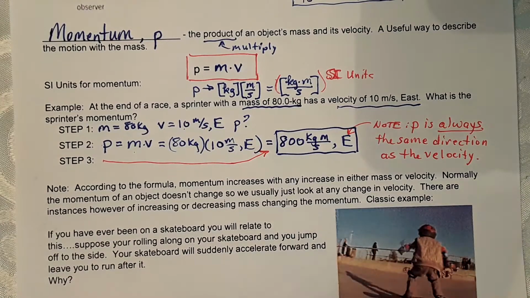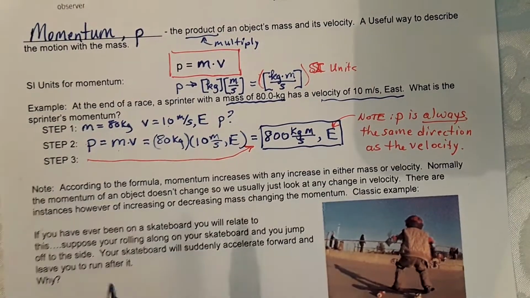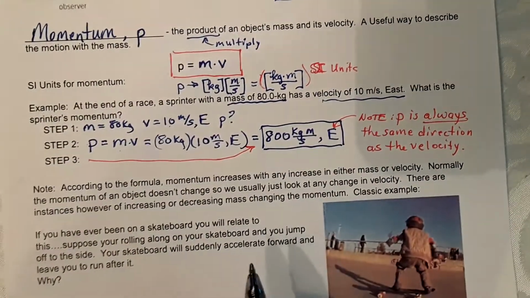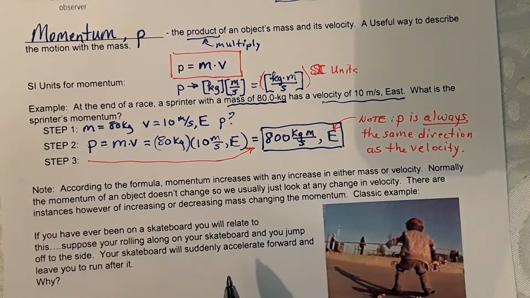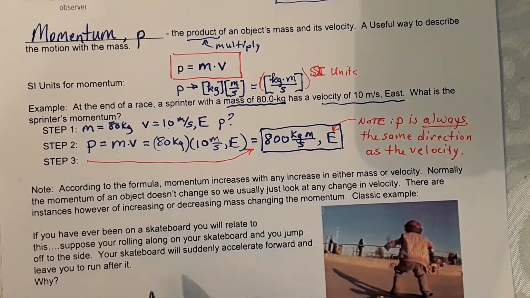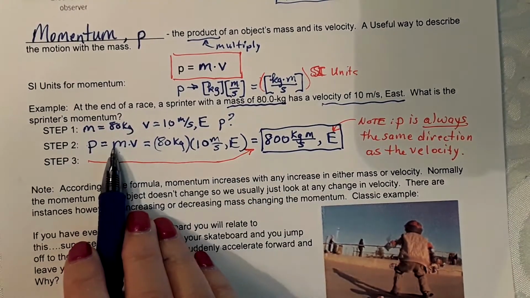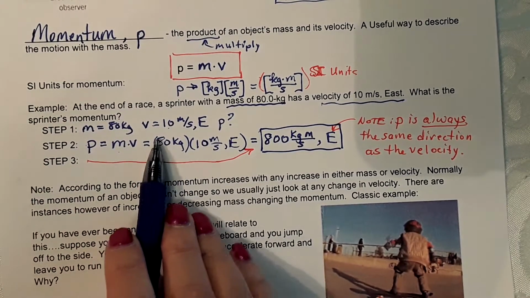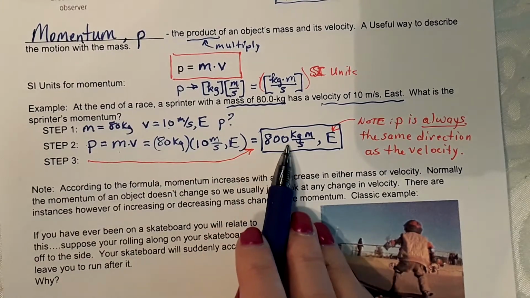Now, let's see how things are affected by mass and velocity. If we take a look at this formula, if we make the mass bigger, if we had, say, doubled the mass, made it 160 instead of 80, that means we'd get 1,600 kilogram meters per second.